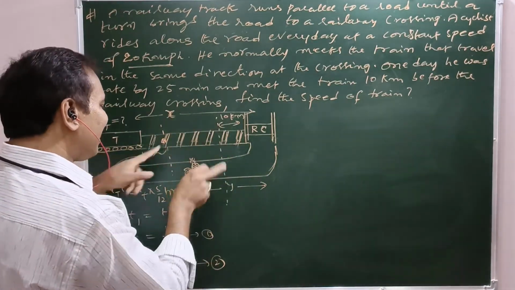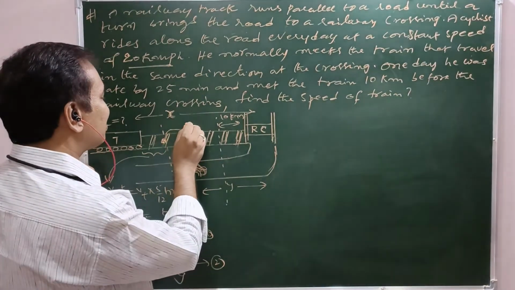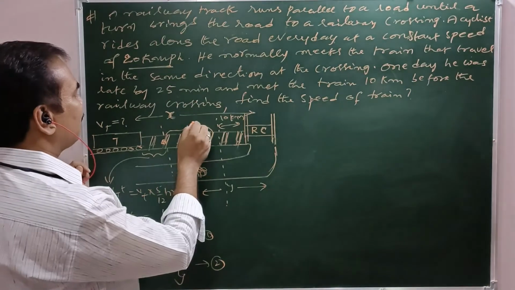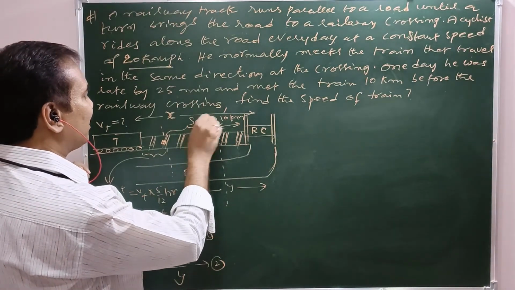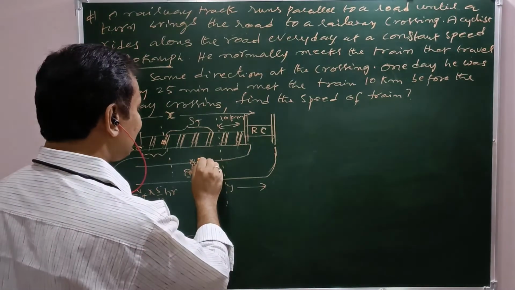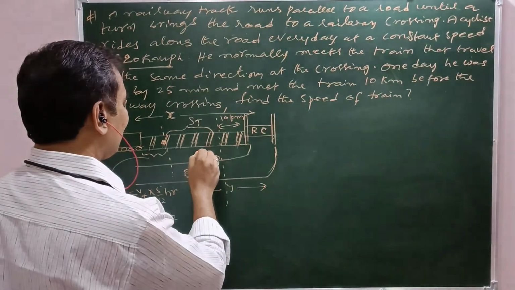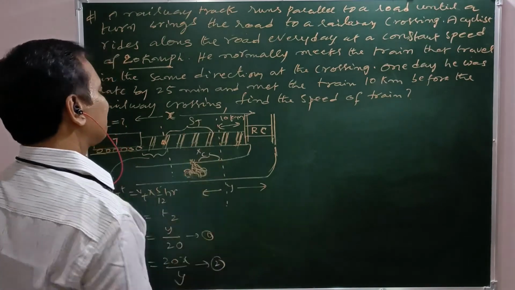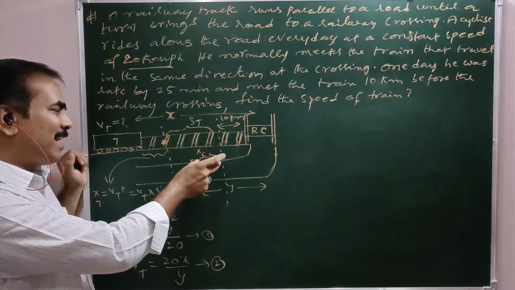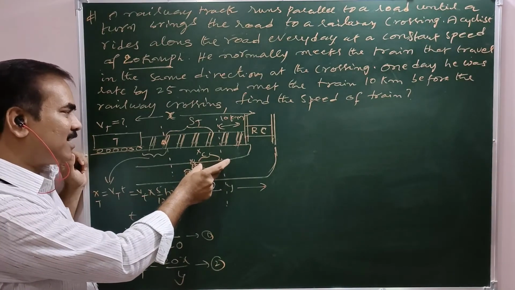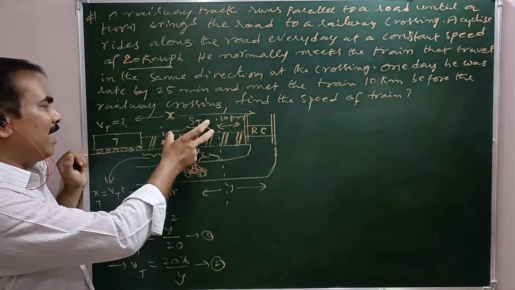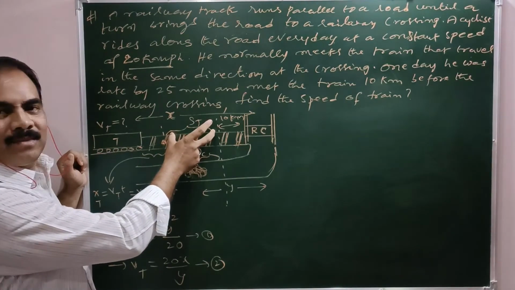So on that day, in the time interval, this is the distance covered by the train, that is ST. This is the distance covered by the cyclist, XC. So the time taken by the cyclist in covering a distance of XC is equal to the time taken by the train in covering a distance ST. Am I right?